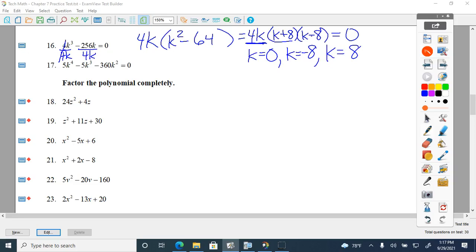Okay? For 17, same process. We got to figure out what can we take out. We can take out a 5k squared. And if we divided everything by 5k squared, we're going to get k squared minus k minus 360 divided by 5, I believe, is 72.